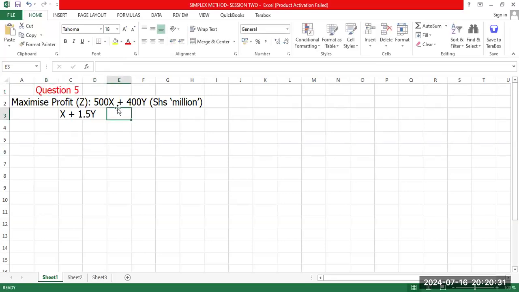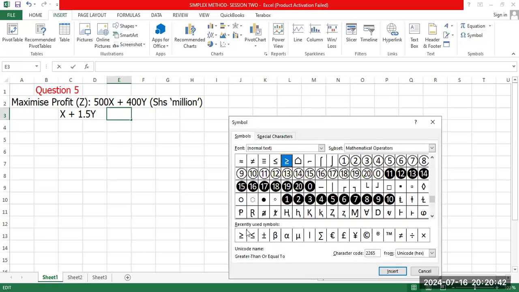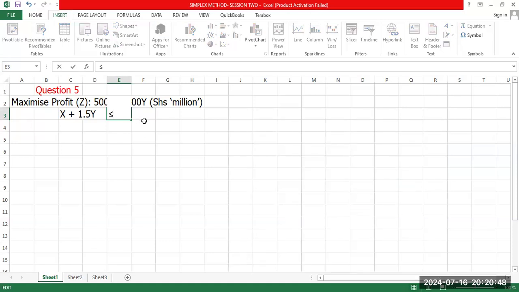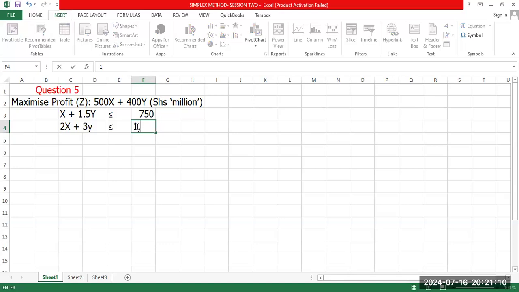And the inequality here is less or equal to 750. Then the next one is 2x plus 3y. It is less or equal to what? 1,500.